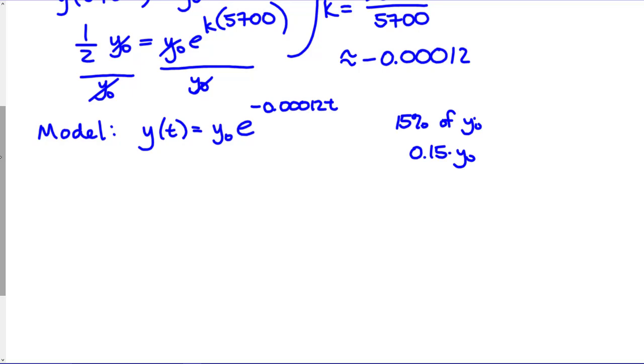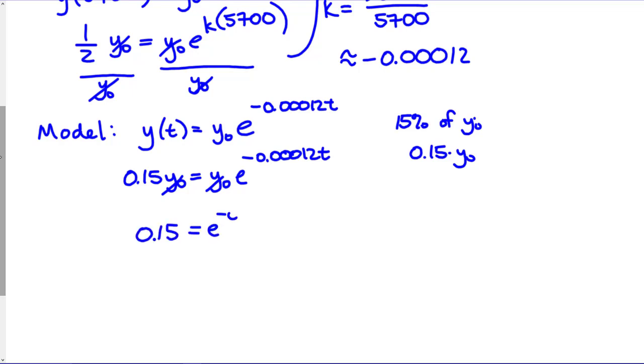That's the ending amount. So this thing now has 15% of its original amount, which the original amount divides away again. And once it divides away, we have a problem that we can readily solve.